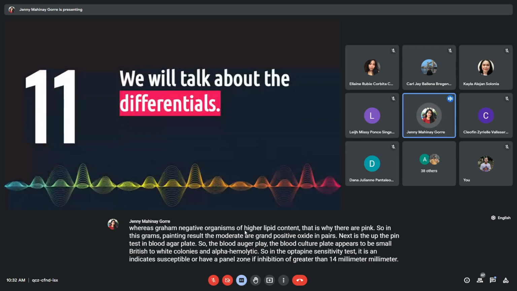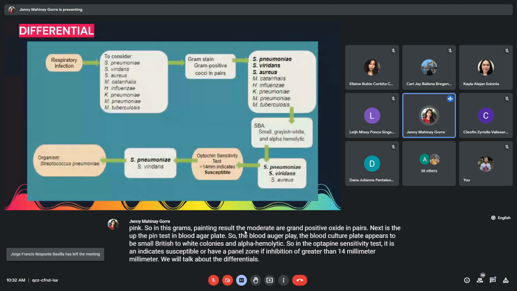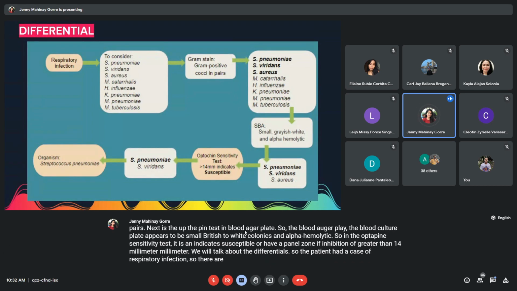So we will talk about the differentials. The patient had a case of respiratory infection, and there are a lot of bacteria that can cause respiratory infection.